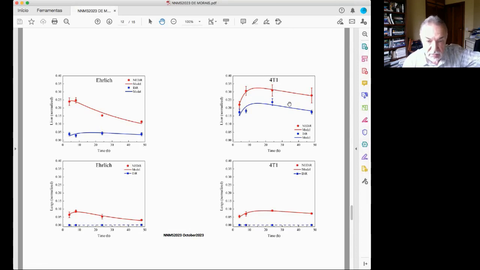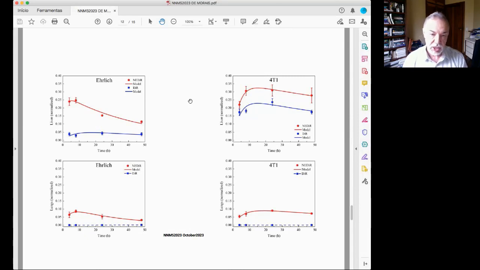So again, it is important to emphasize that the solid lines are the best fits of the equations in the parallel model. From all these fittings, you can extract the typical times. The loading time is the typical time for transferring material from the bloodstream to the biological compartment.